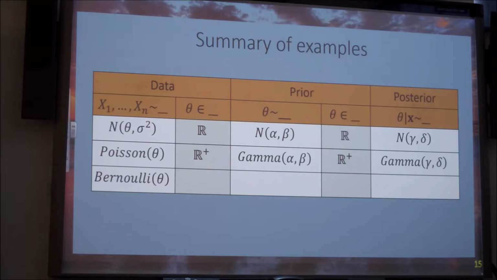And then the example that we did, where x1 to xn were Bernoulli, theta was a probability, so it's between 0 and 1. The prior we specified was the beta distribution, and that has a domain of the interval 0 and 1. And then the posterior we found was also a beta distribution with different parameters. So you can see it's important to make sure that the ranges align. So what is implied by the distribution of the random variables and what you imply by your prior distribution are the same.